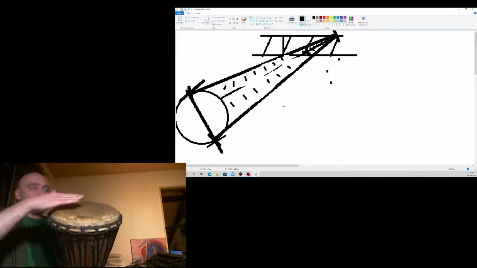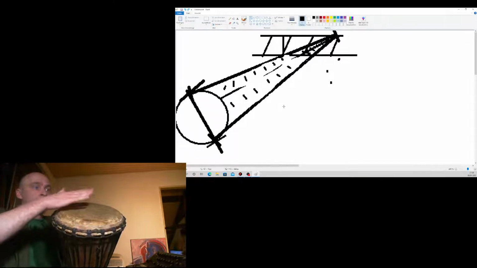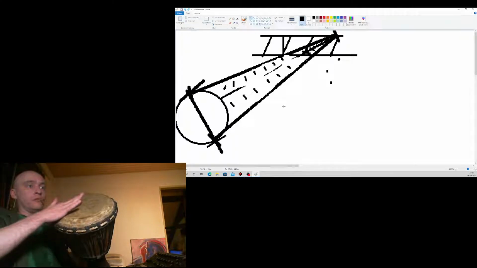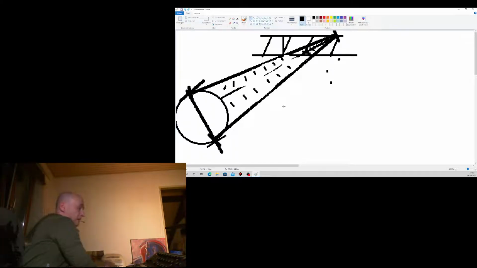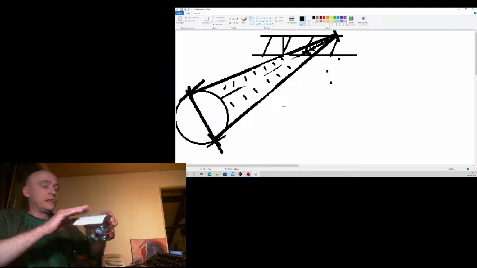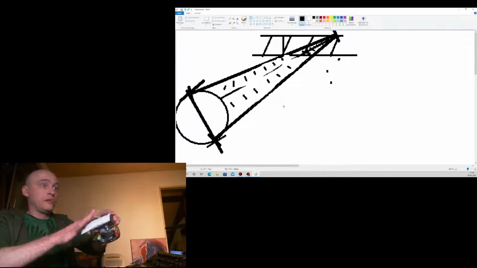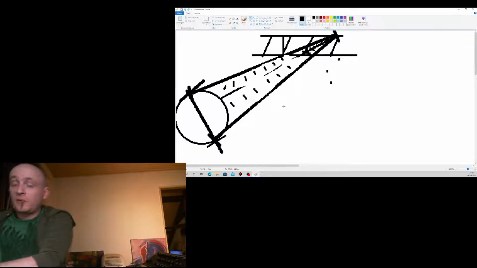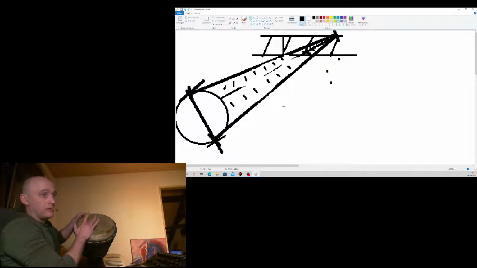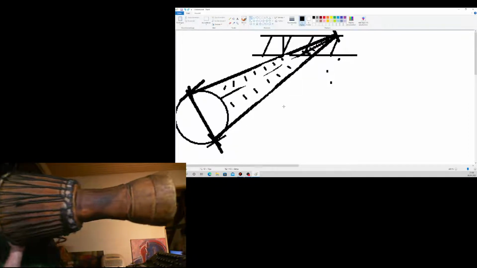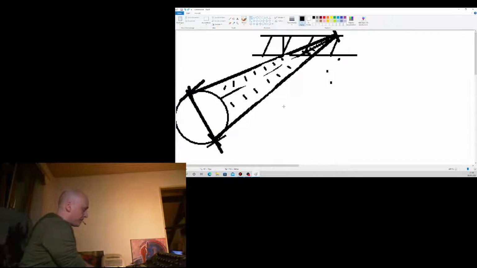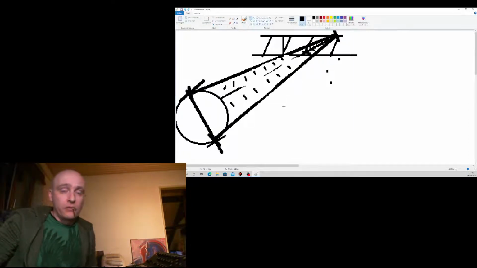So you see the difference between this and this. The chamber drum bass does not exist, and then it all goes wrong.